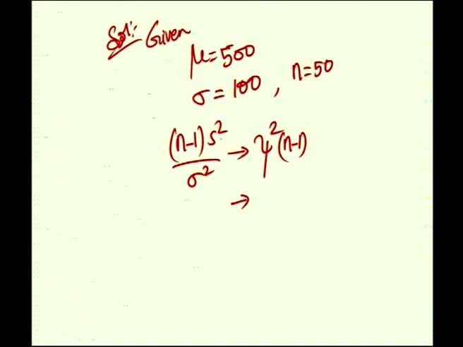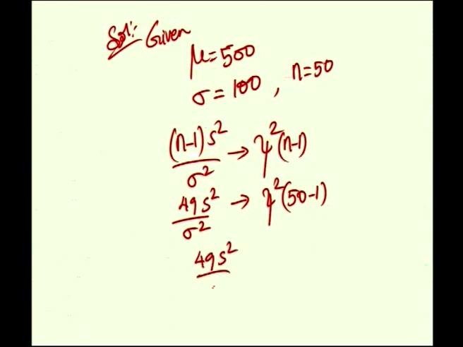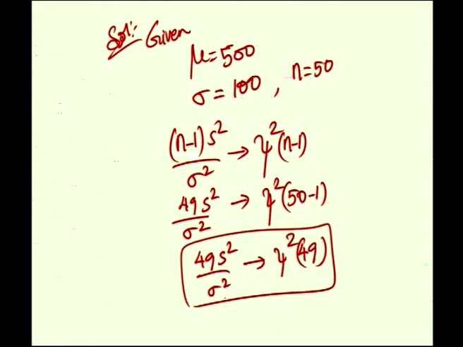Therefore, 50 minus 1 is 49. So, 49 S square by sigma square is a chi-square random variable with 49 degrees of freedom. This is proved.